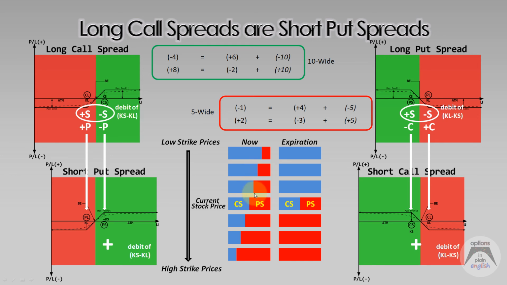You want to make more money than you put in. Then what you would do is go to a higher strike price and buy the call spread. Because if the current stock price gets to this point and goes past it at expiration, this is going to be fully blue. You're going to be making the difference between what you paid and what you have here as max value. So you would buy the call spread.